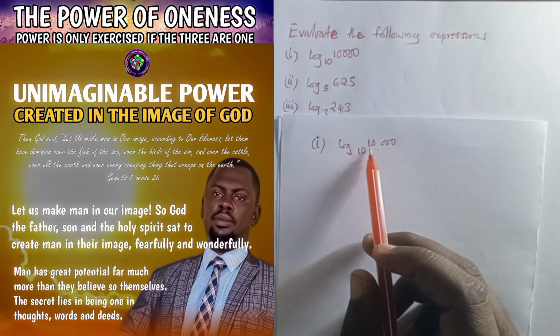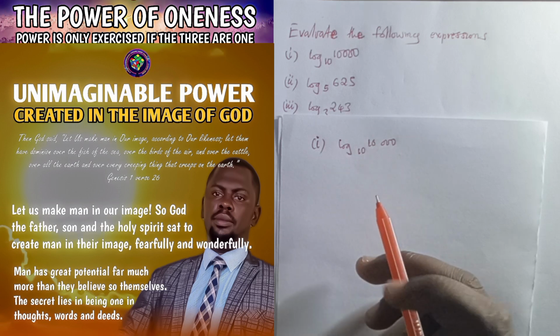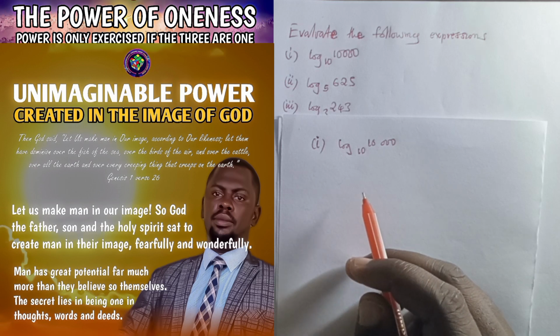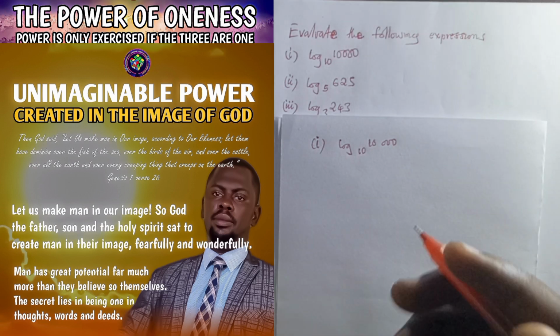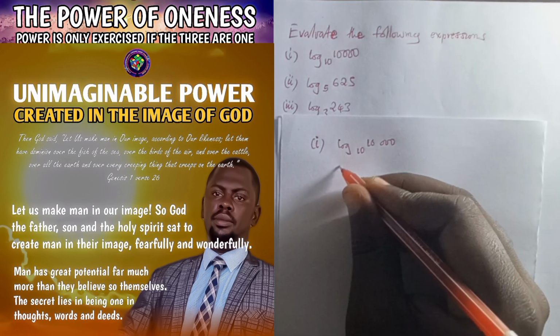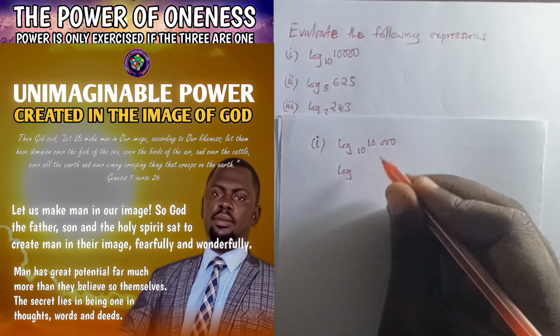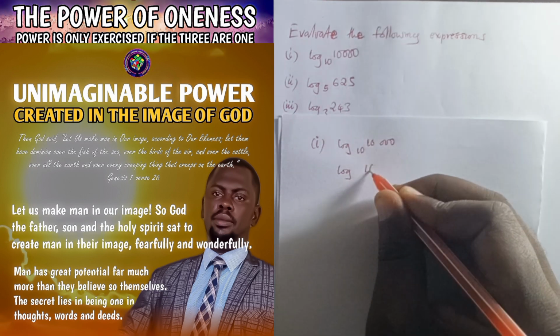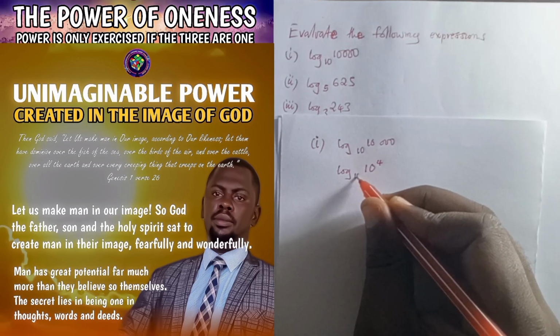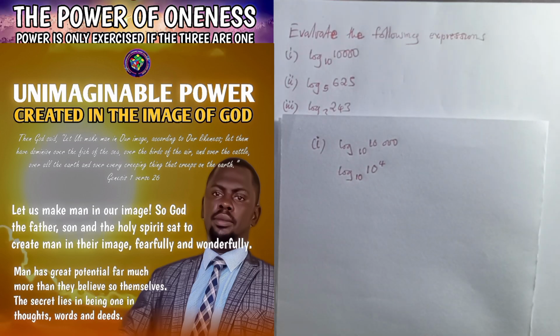How many times can we multiply 10 to get 10,000? That is 10 to the power 4. So 10 times 10 times 10 times 10 gets 10,000. So where there is 10,000, we put 10 to the power 4: log of 10 to the power 4 base 10.